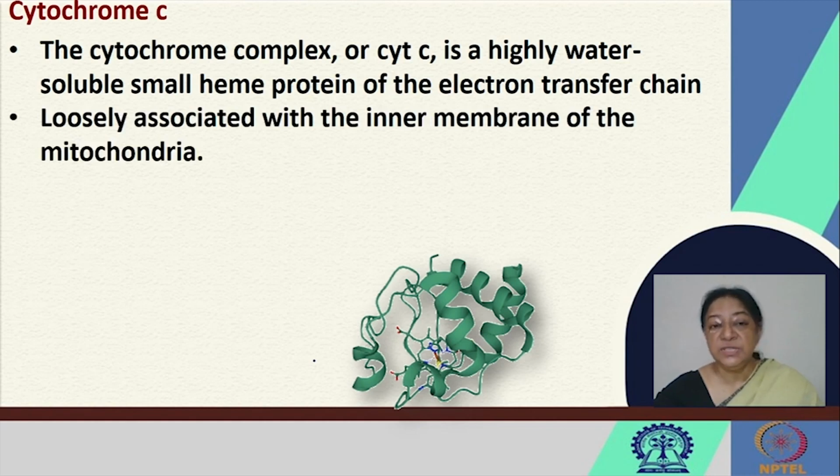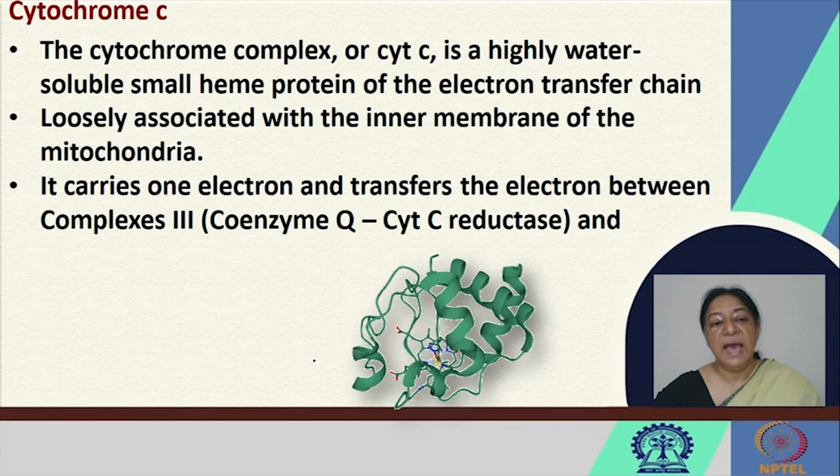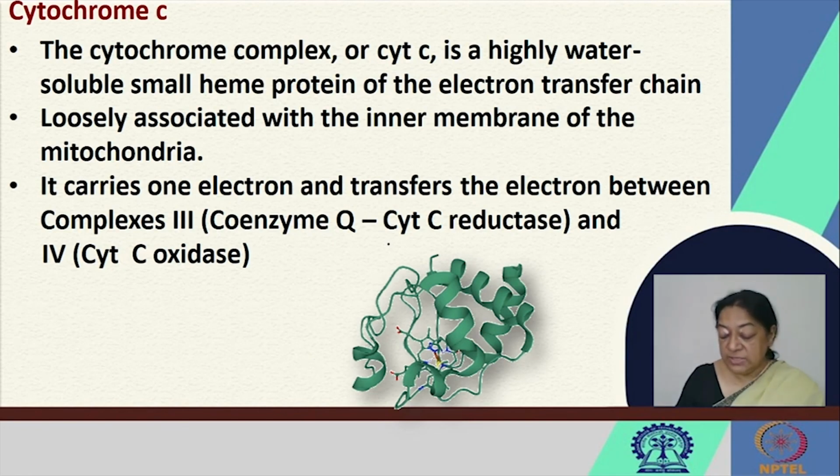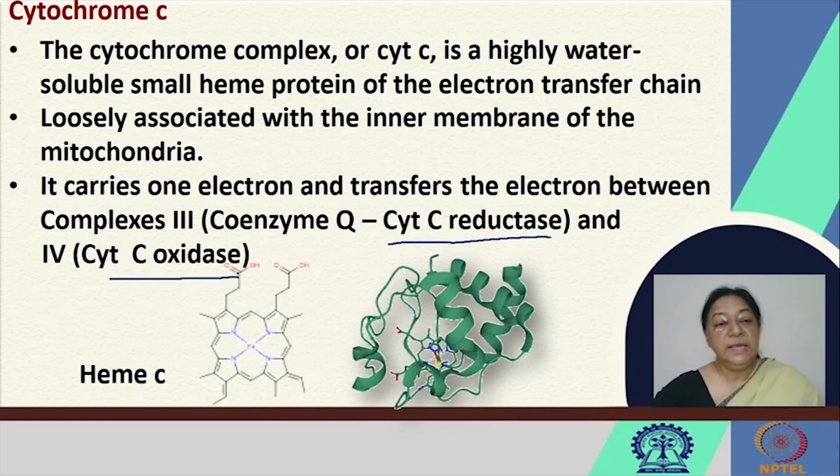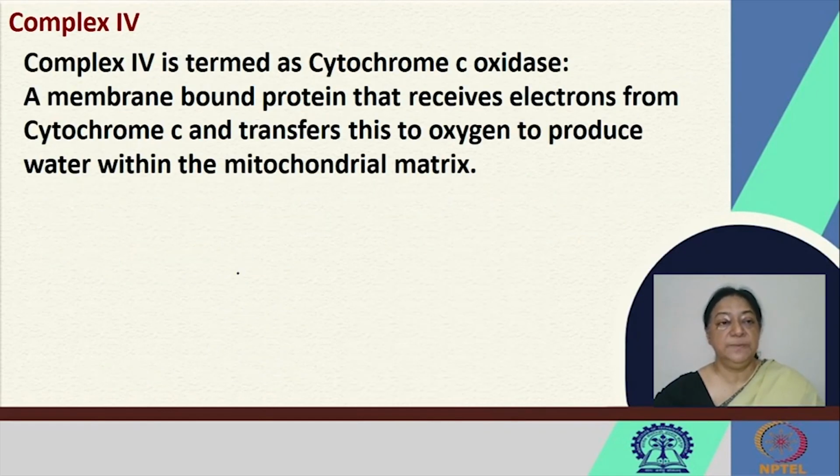It is loosely associated with the inner membrane of the mitochondria, and it carries 1 electron and transfers the electron between complexes 3 and 4. As a result, we have cytochrome C reductase and cytochrome C oxidase. The heme C is involved in the cytochrome C protein.